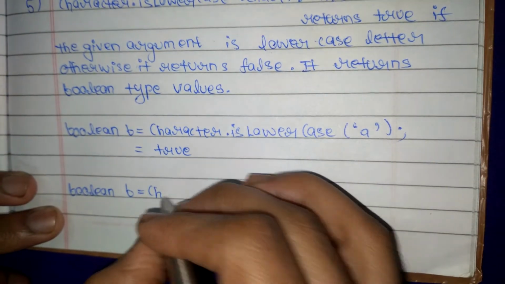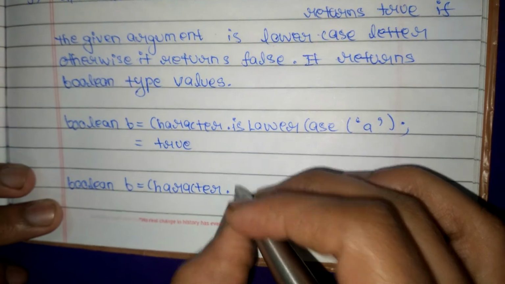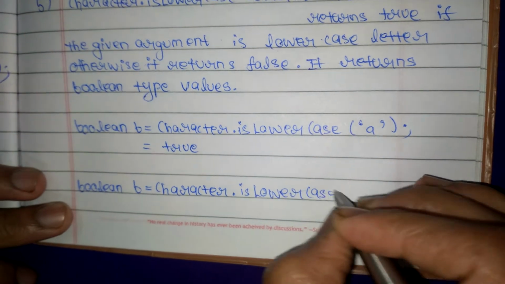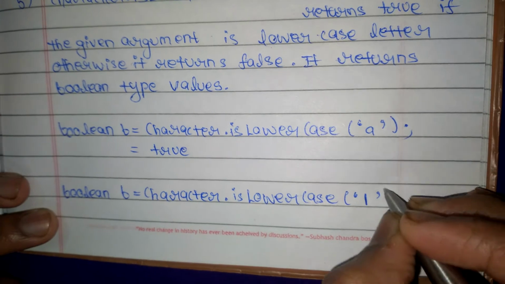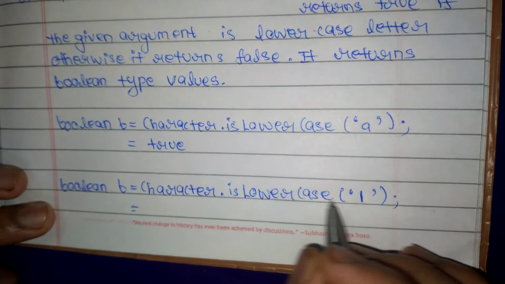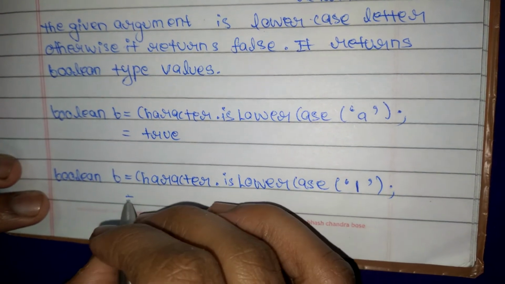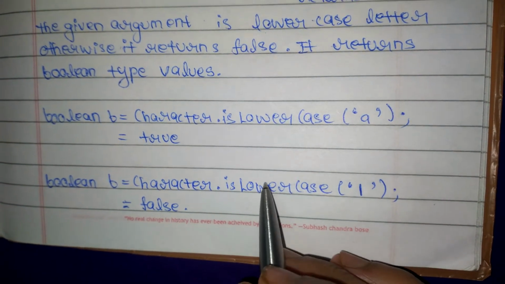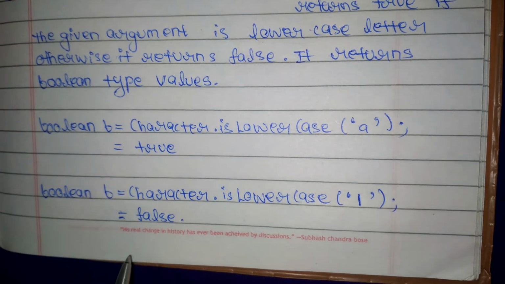Boolean b is equal to Character.isLowerCase. Here also L and C would be capital, and in the bracket I am giving a 1. Then as it is not a character, meaning it is not a letter, it will return false. Although we have to ask here whether it is lowercase or uppercase, as it is a digit it would give us false.